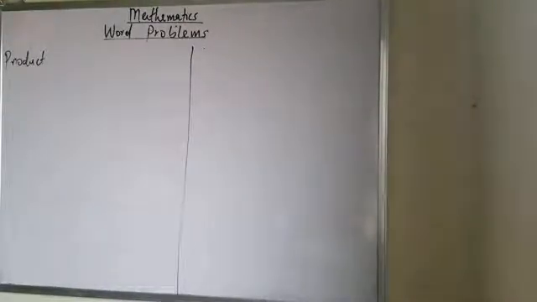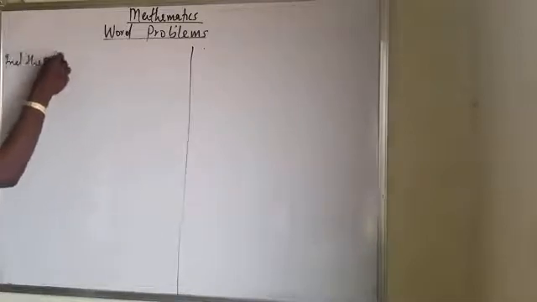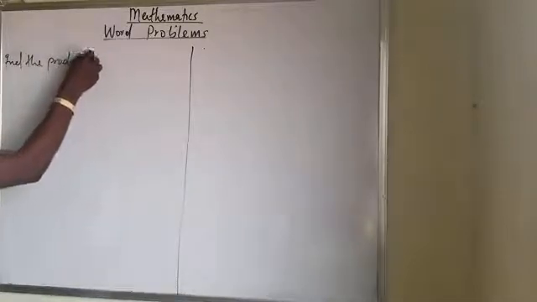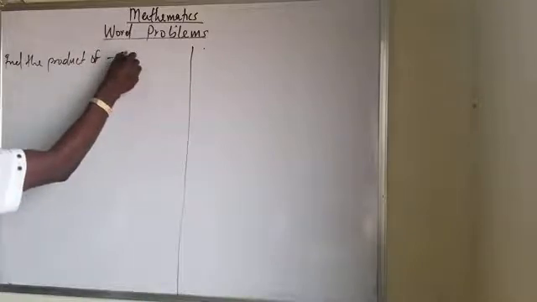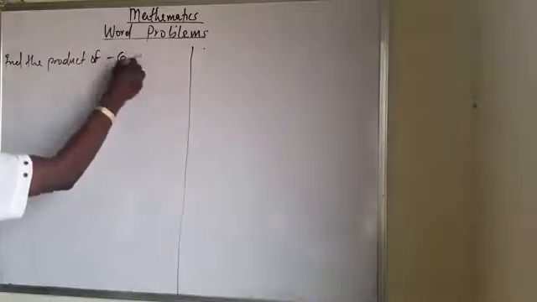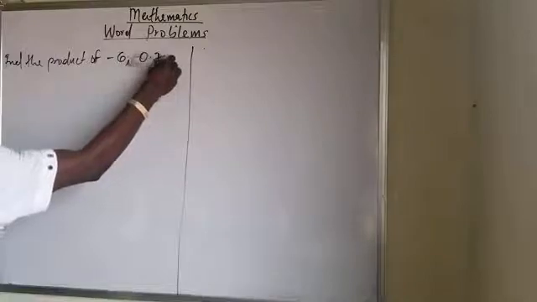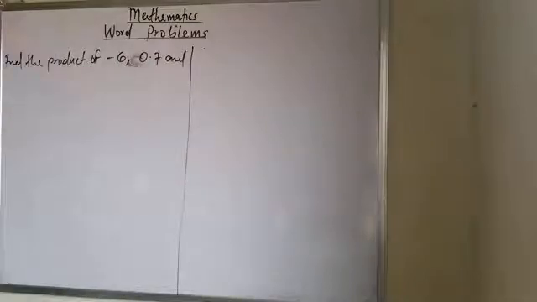Now, find the product of -6, 0.7, and 6 whole number 2 all over 3.